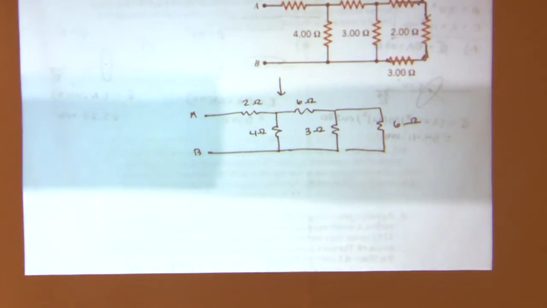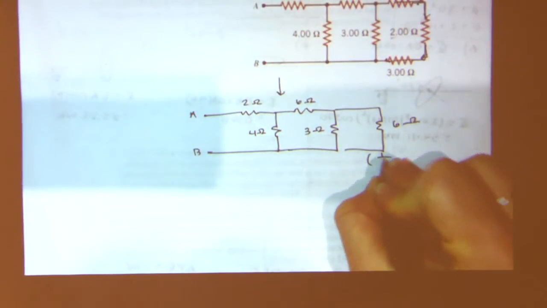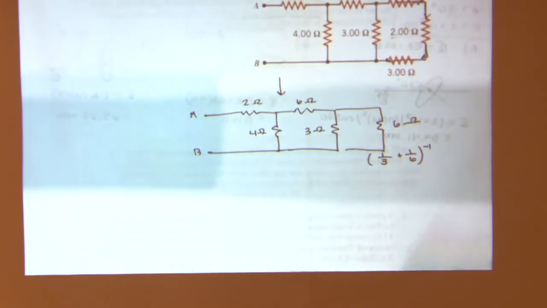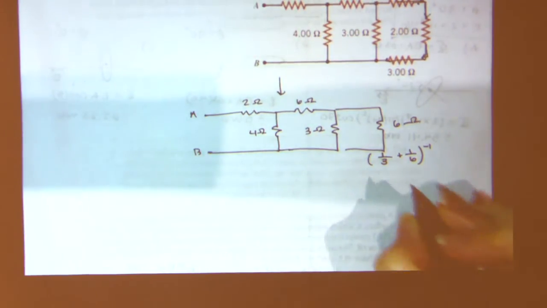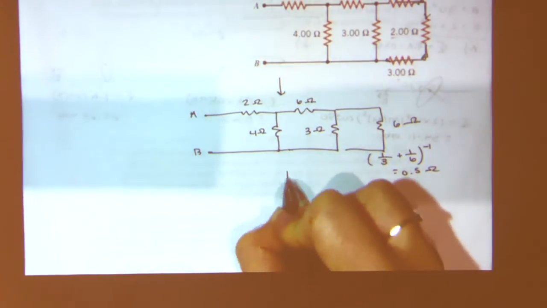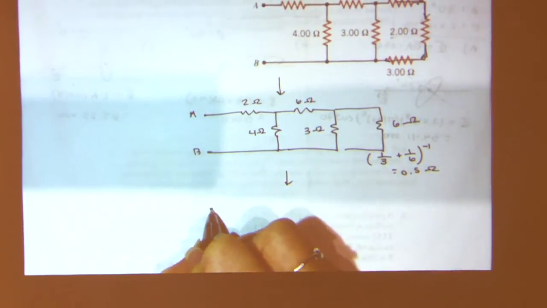We know when we add resistors in parallel, we need to do 1 over 3 plus 1 over 6 to the negative 1. When I calculated that out, I got 0.5 ohms. So we're going to break this down again.